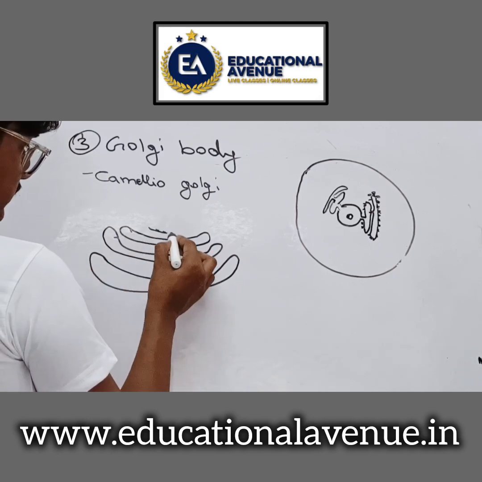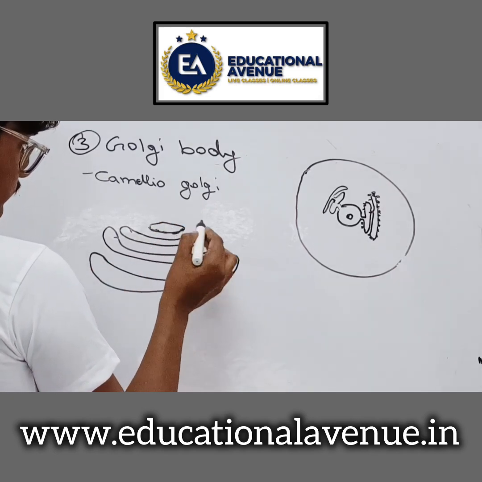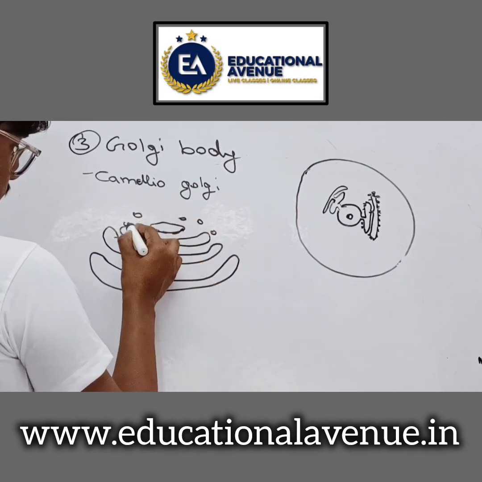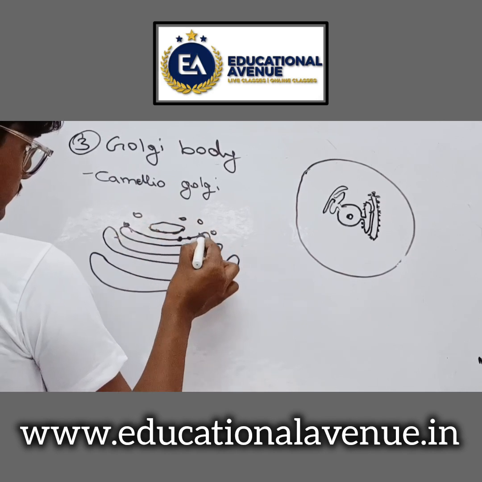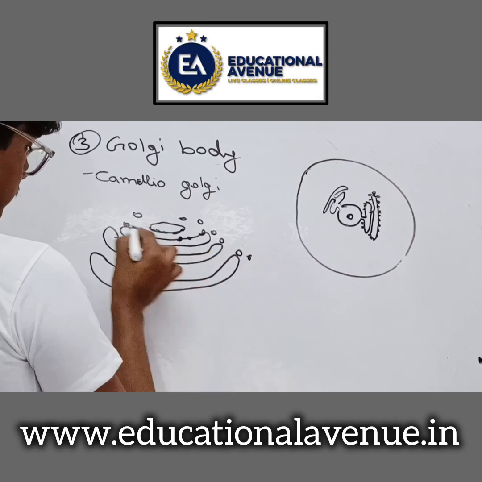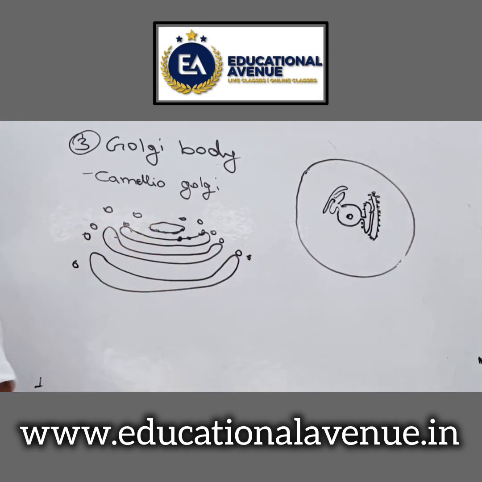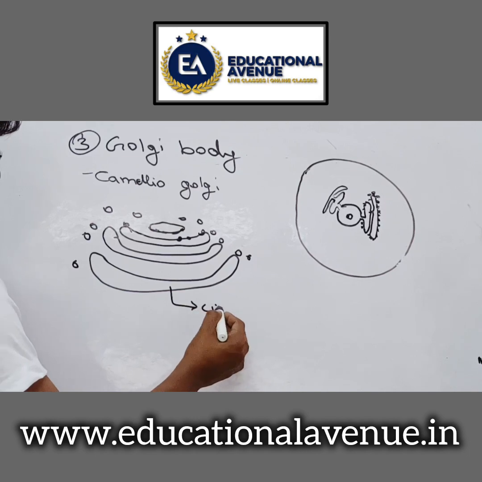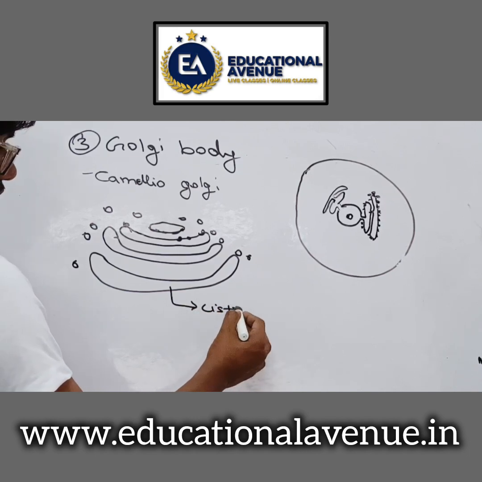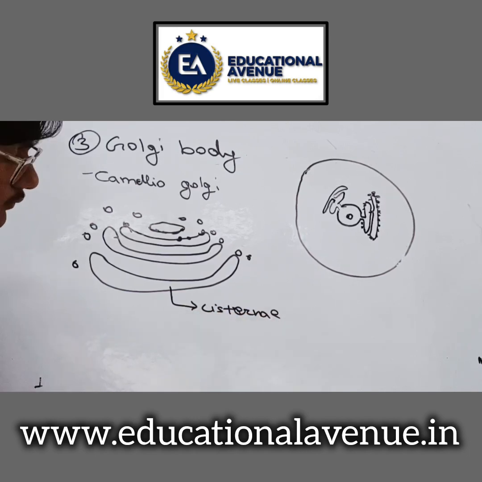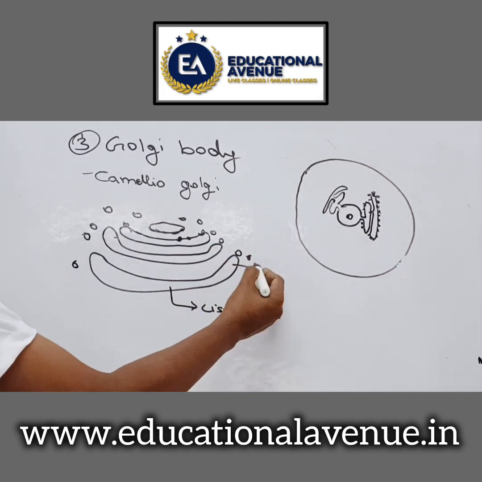It will be like this. So this is the diagram of the Golgi body. This is known as the cisternae. This is called the tubule.